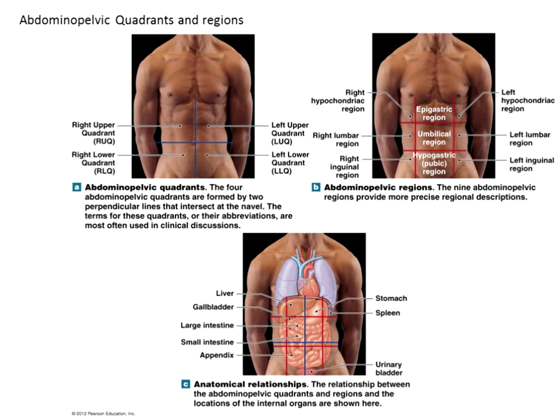I am going to typically combine directional terms with the nine abdominal regions. So I might ask you, the umbilical region is inferior to the blank. And what I'm asking you to tell me is the umbilical region is inferior to the epigastric region. The left lumbar region is lateral to the blank.